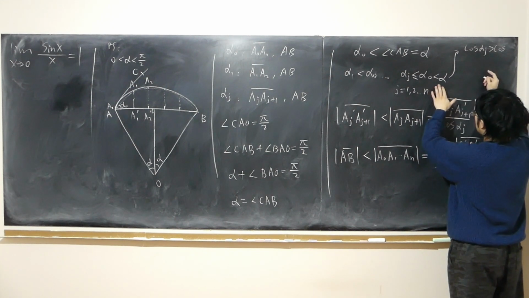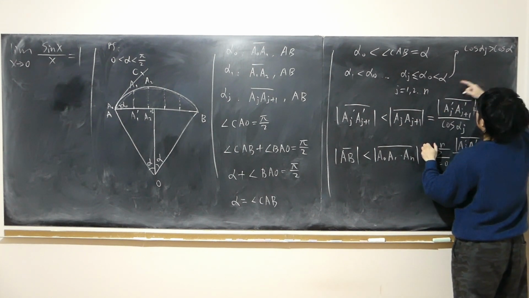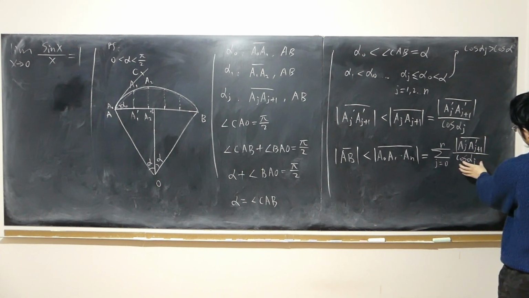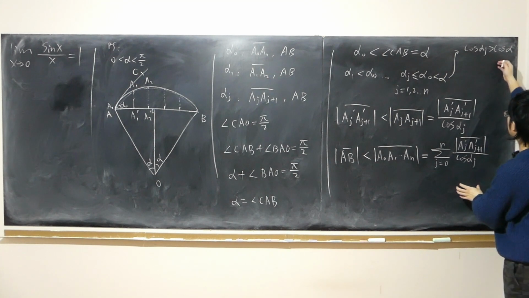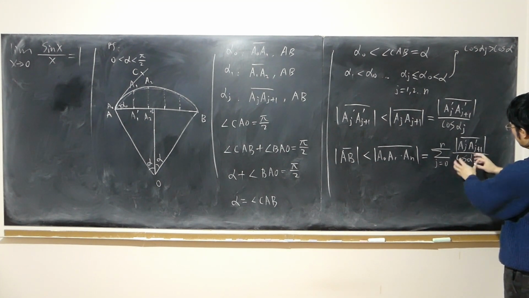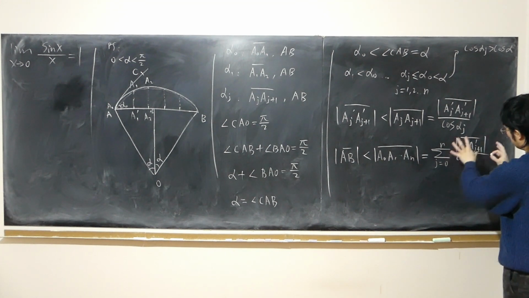So it's bigger than cosine alpha. So if we replace every cosine alpha j with cosine alpha, then the bottom will become smaller, but the whole fraction will become bigger because everything is positive. So I've loosened the inequality, made it bigger, right?